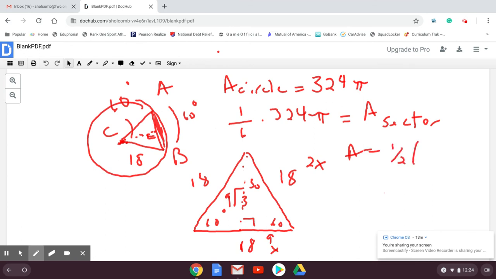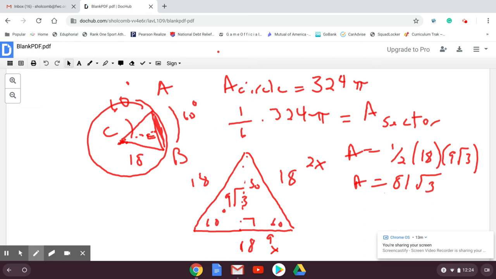And my base in this case should be 18 times my height, which we just found as a 30, 60, 90 side. There's the 60 side, 9 radical 3. So half of 18 is 9, and 9 times 9 is 81 radical 3. The area of my triangle is 81 radical 3.